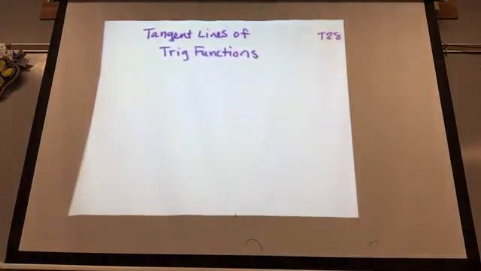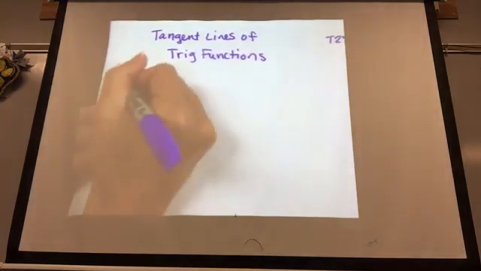We're putting together what we've learned about writing an equation of tangent lines and our derivatives of our trig functions. So example 1.